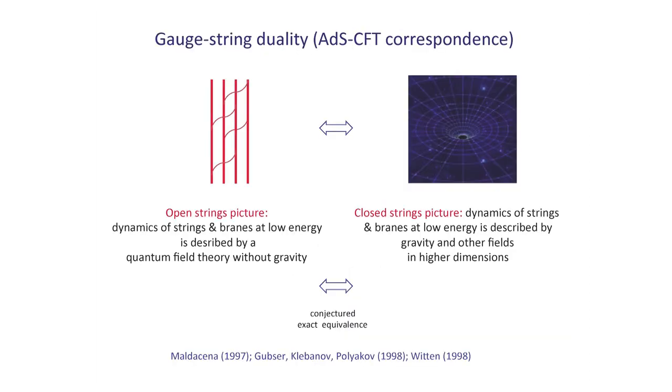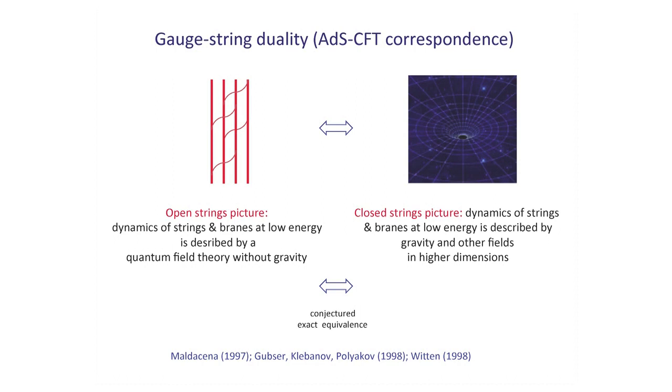This development resulted in what is known as the gauge-string duality, sometimes also known as the AdS-CFT correspondence, and it's basically the same statement. It's important to understand that the AdS-CFT correspondence grew out of an attempt to understand black hole entropy. In the open string picture, you have dynamics of strings and branes at low energy, and this dynamics is described by quantum field theory without gravity, some gauge theory.